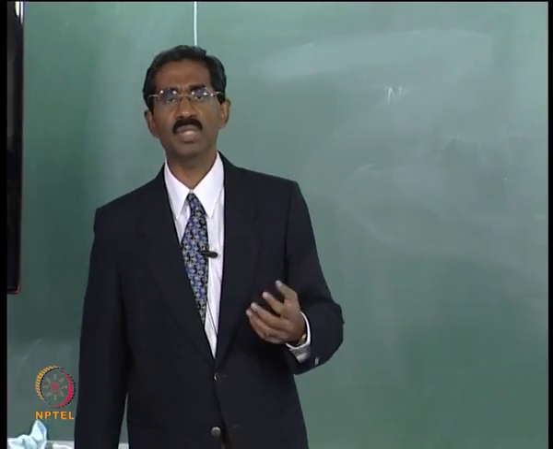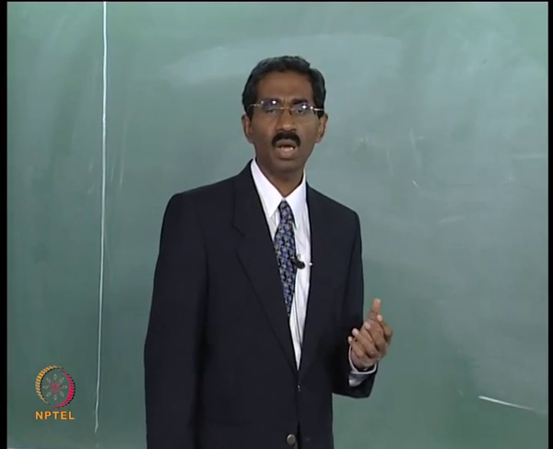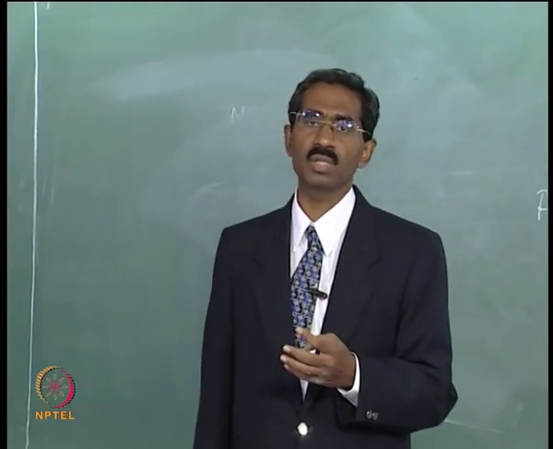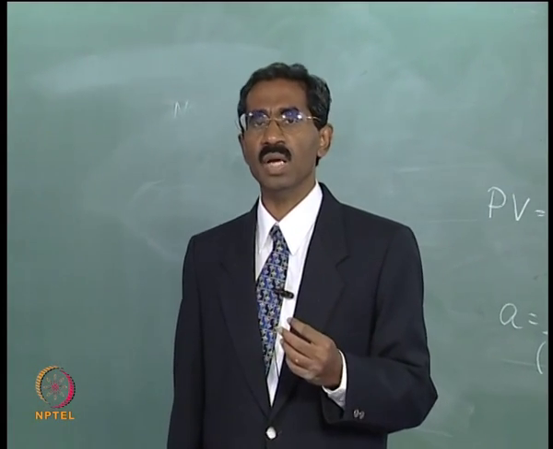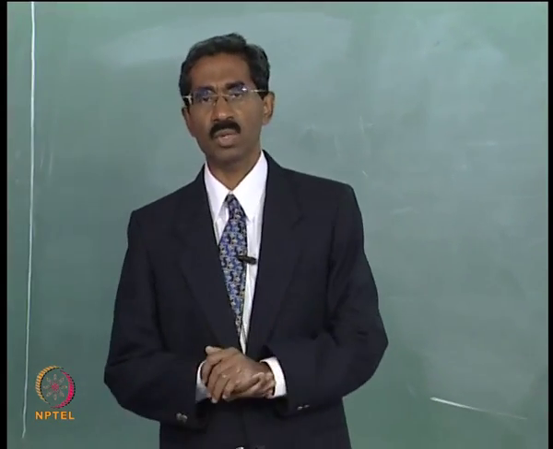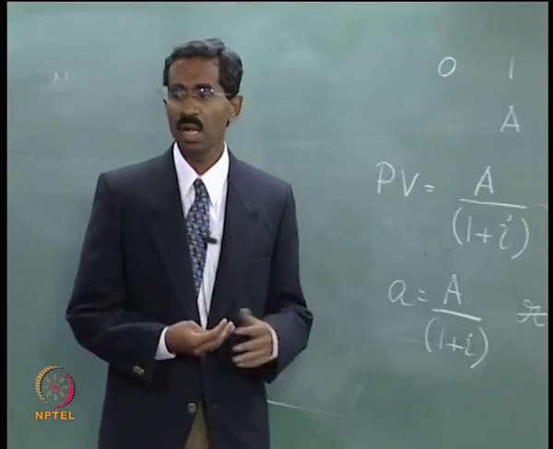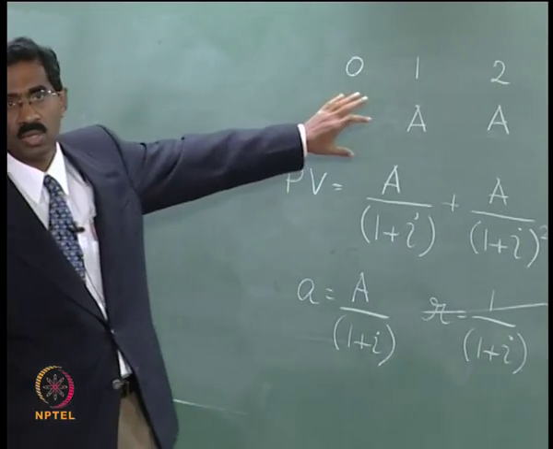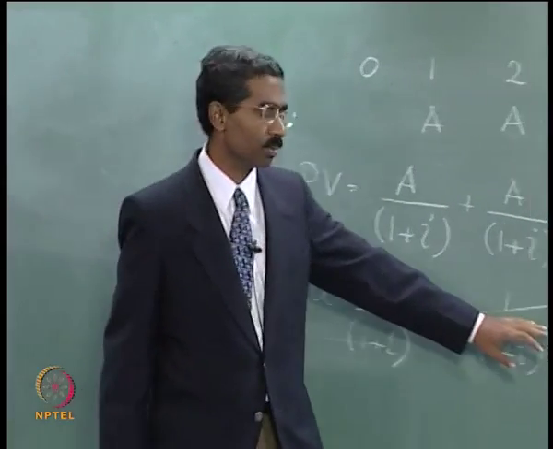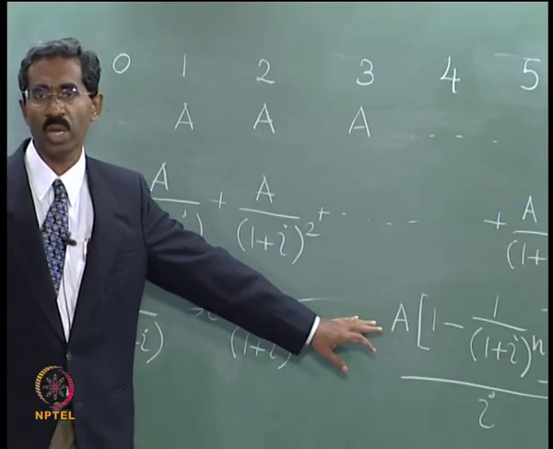In fact, in the previous example that we saw, where we had unequal cash flows in each of the years, we had to discount each of the cash flows to the present and then add them up. But if we have equal cash flows, then we can use this expression to calculate the present value.